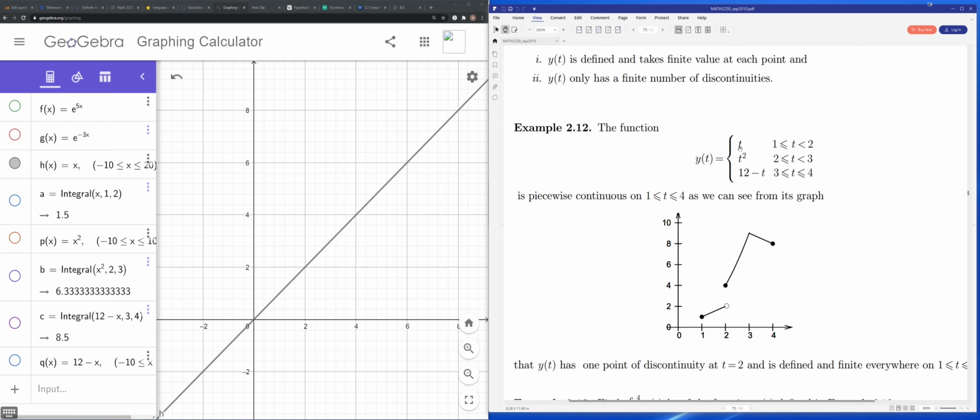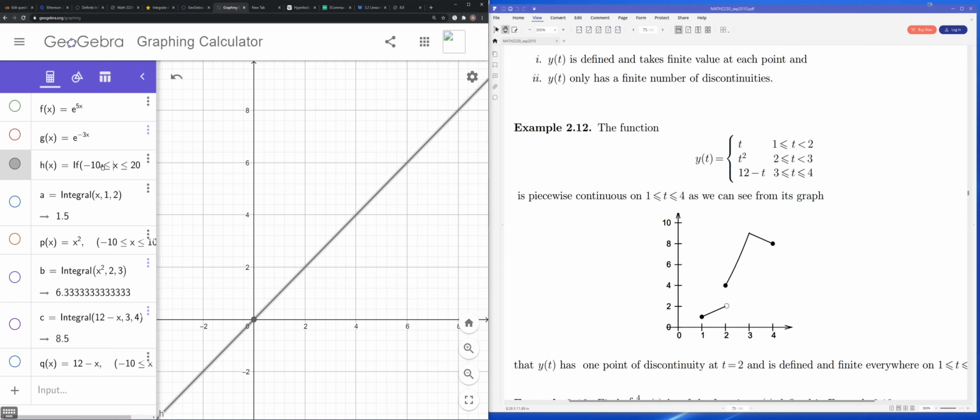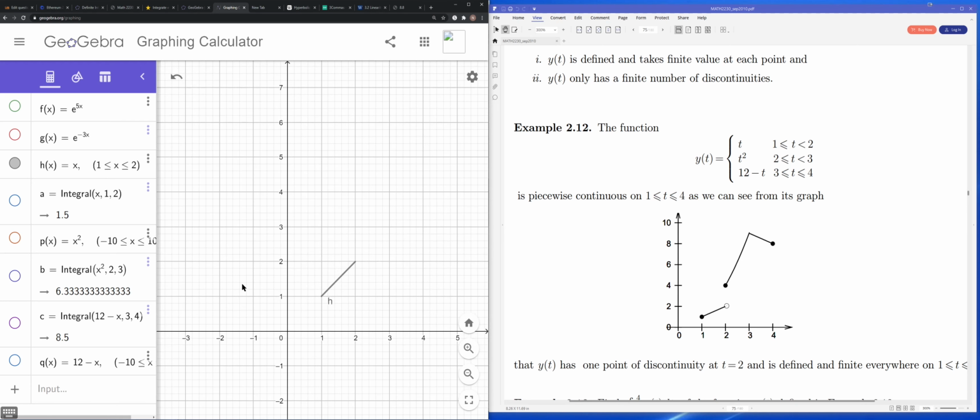But what we want is just t between 1 and 2, so you chop off the piece that you want. When we chop off the piece that we want, we get this piece here between 1 and 2.